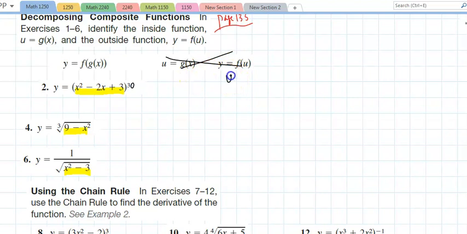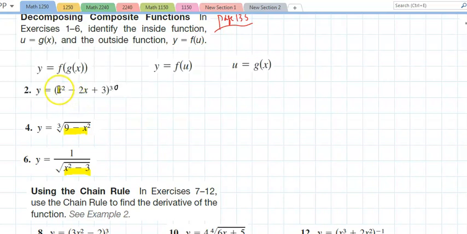I want u to be right there, and y to be f of u. So, I'm going to switch those. I'm going to let u equal the inside. U equal x squared minus 2x plus 3.